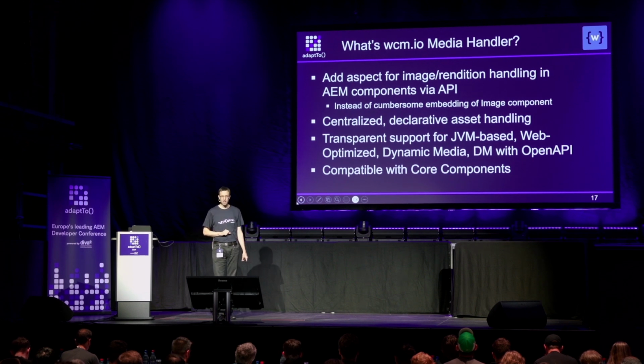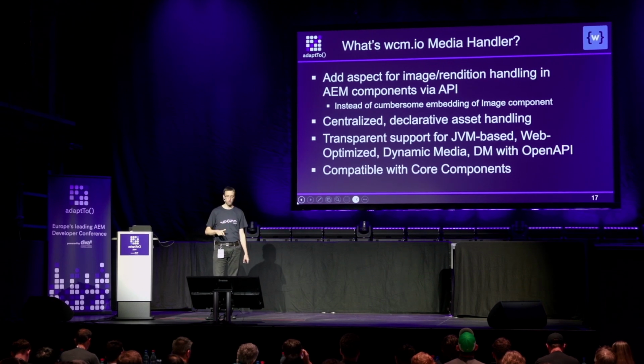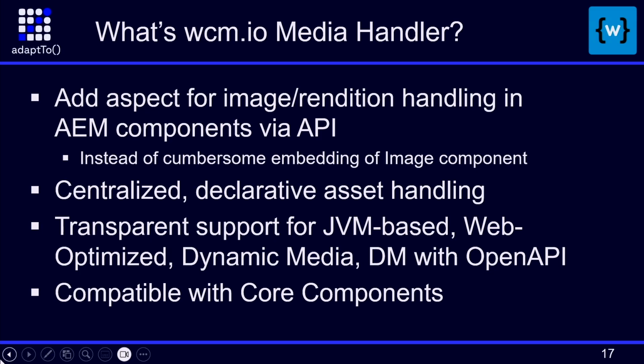Media handler is a capability for a very easy way to add the aspect of image or in general asset handling to your AEM components. Because if you're using core components and implement some additional custom components, which you also want to support images in your own teaser, for example, or whatever, then the only way to add this capability is by embedding the core image component, which works.